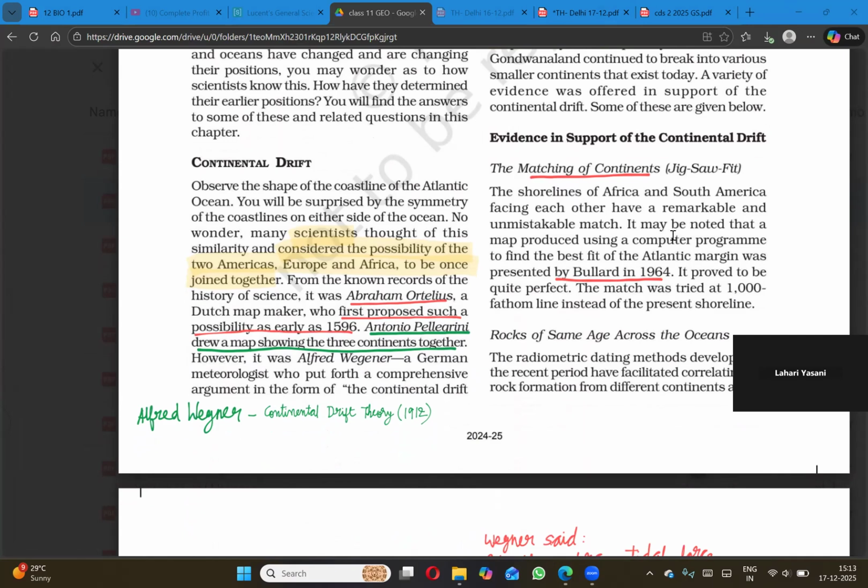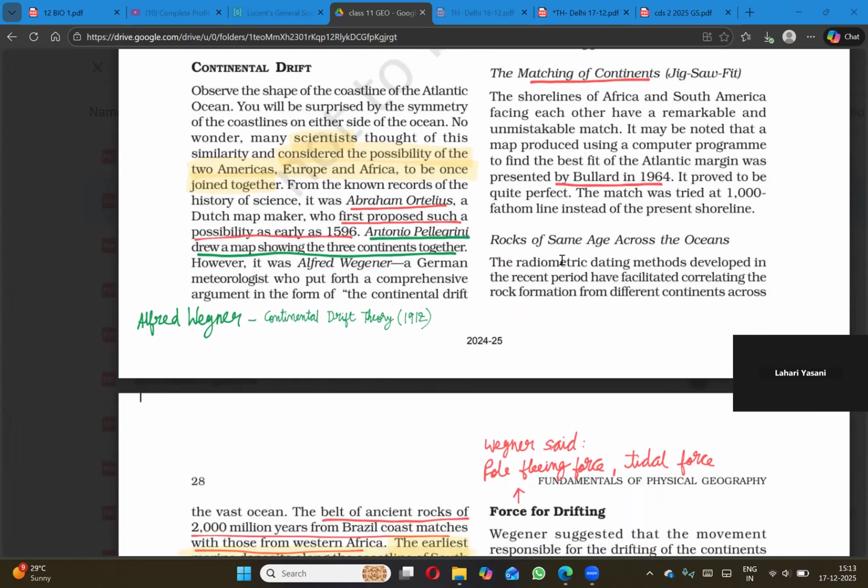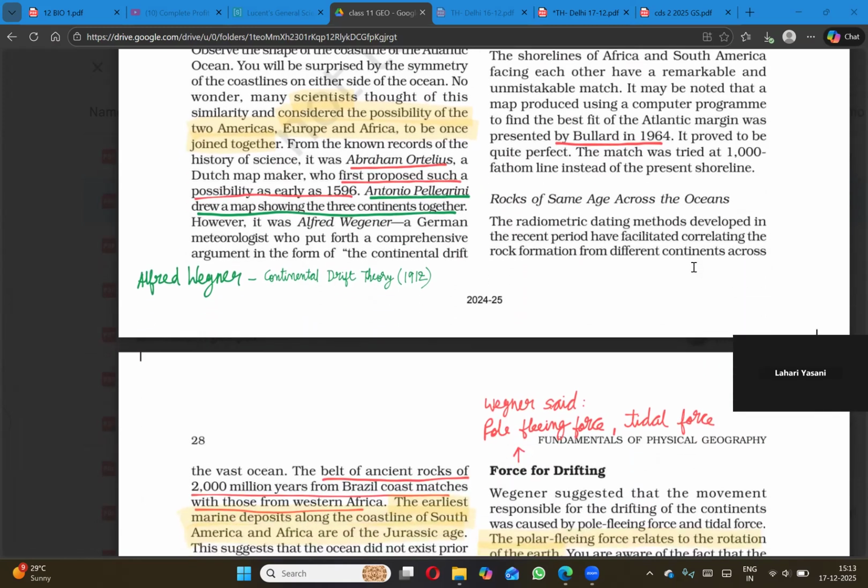It may be noted that the map produced using a computer program to find the best fit of the Atlantic margin was presented by Bullard in 1964. So in 1964, Bullard made a map producing the matching of continents. It proved to be quite perfect. The match was tried at 1000 fathom line instead of the present shoreline. The next one is rocks of same age across the ocean.